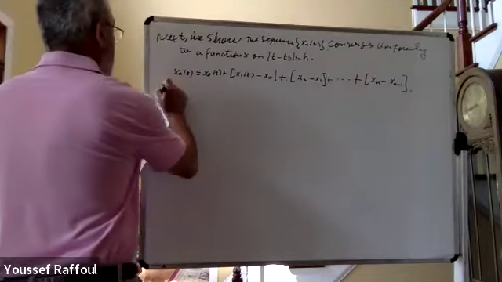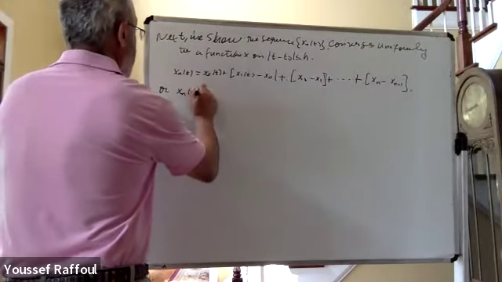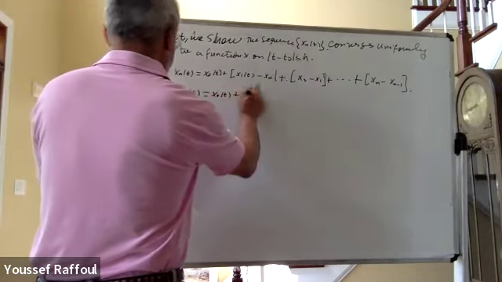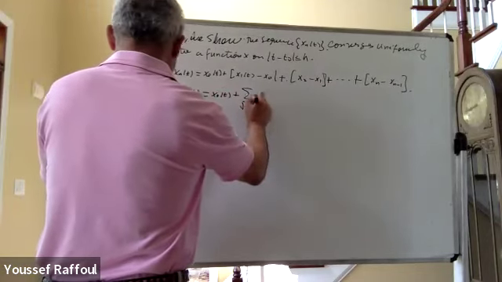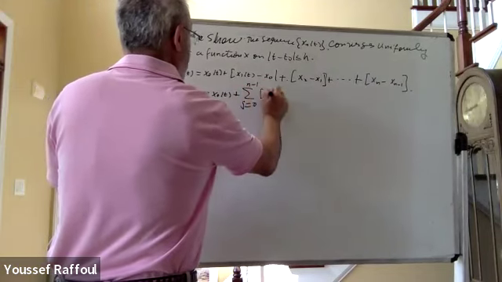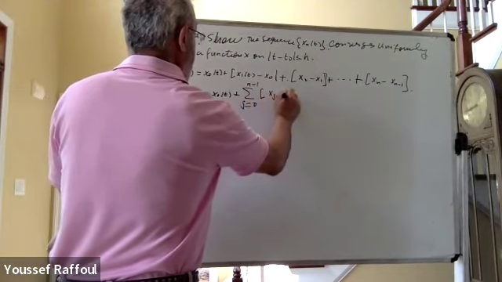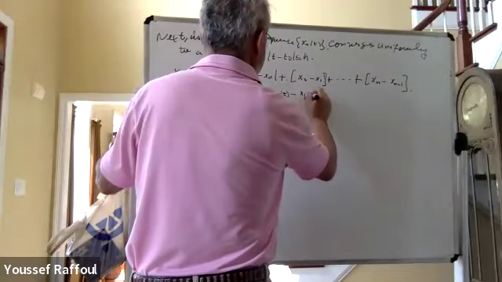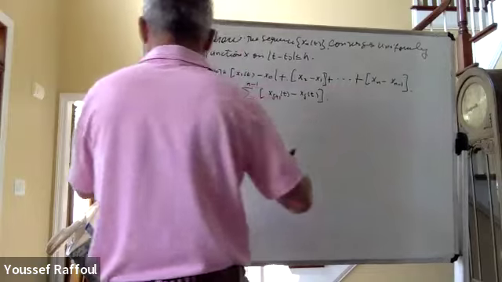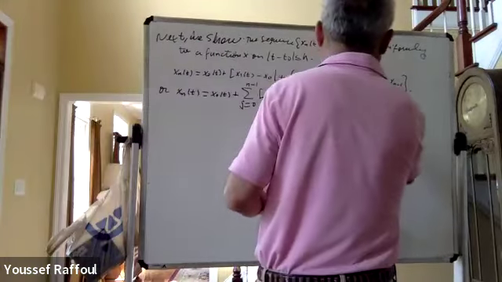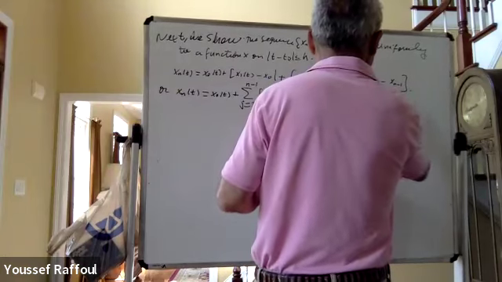Or xn(t) is x0(t) plus the sum from j equals 0 to n minus 1 of xj+1(t) minus xj(t). Okay? And let's say this is 2.1.11.